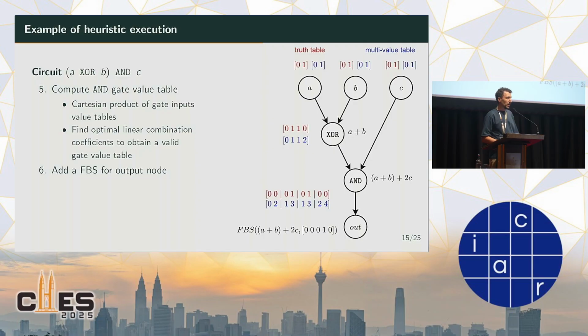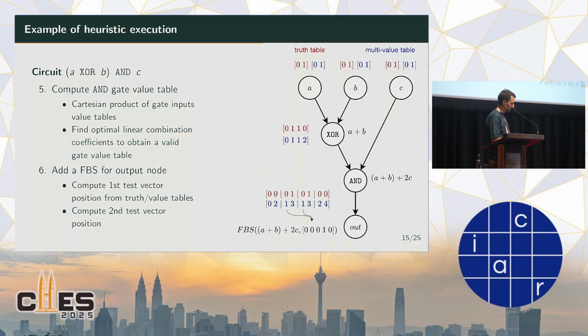And because we want to output this node, if you output it directly, we'll output a value vector from 0 to 4, so a multi-value, and we simply bootstrap it. We perform functional bootstrapping on this linear combination with a test vector, which we compute from the truth table and the multi-value table, and we can output the Boolean value of the output.